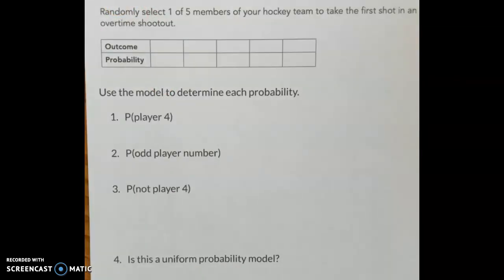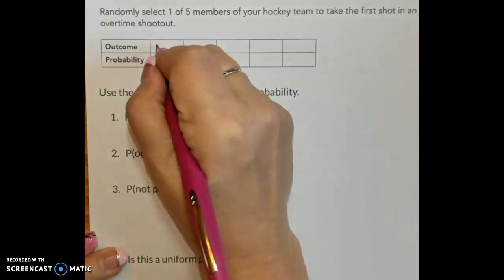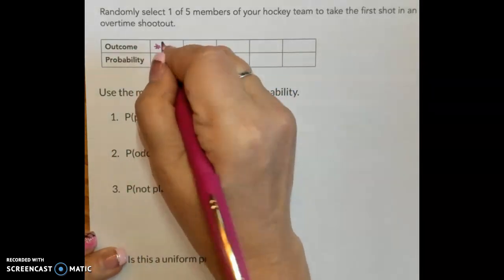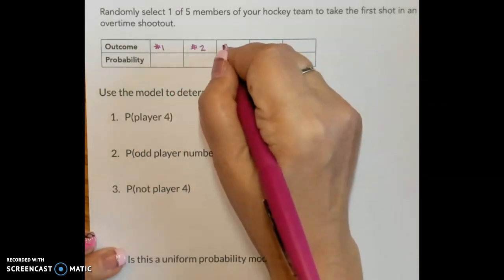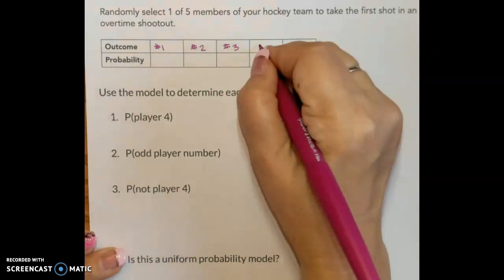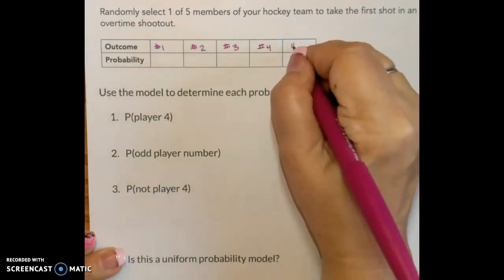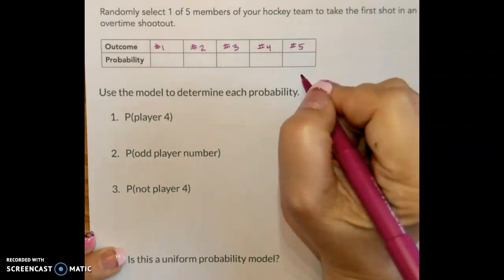All right, guys, we're going to take a look at just one more example before we get you started on your work. So in this example, we are looking at randomly selecting one of 5 members of a hockey team to take the first shot in an overtime shootout. Okay, so the possible outcomes are we could choose player number 1, player number 2, player number 3, number 4, or number 5.